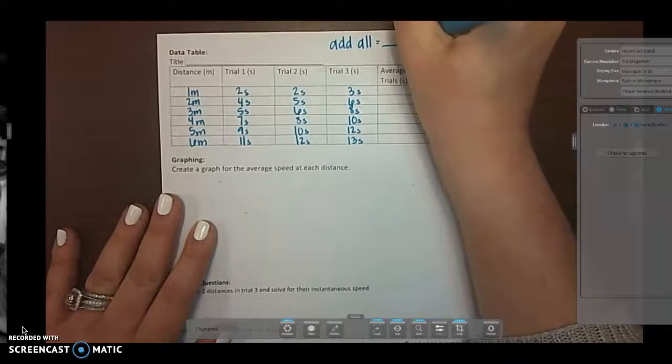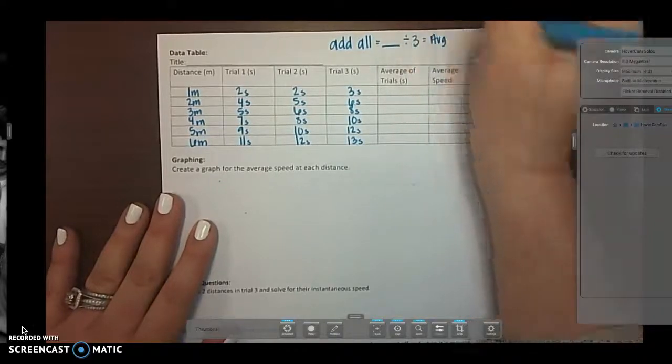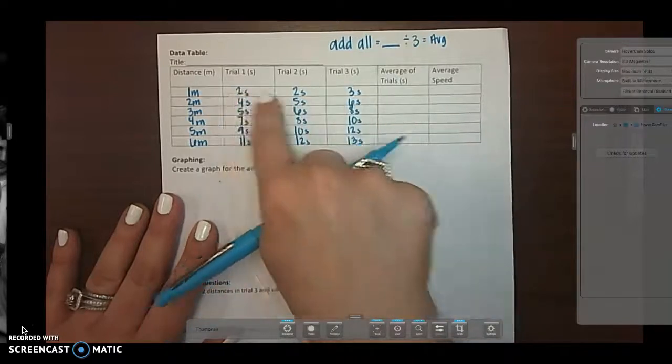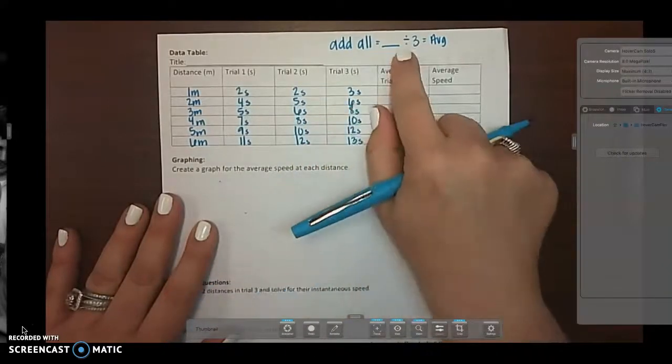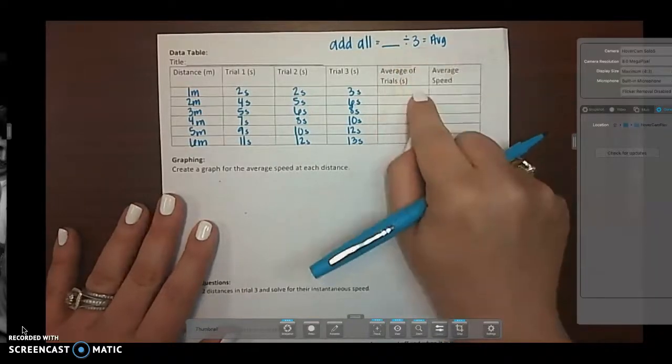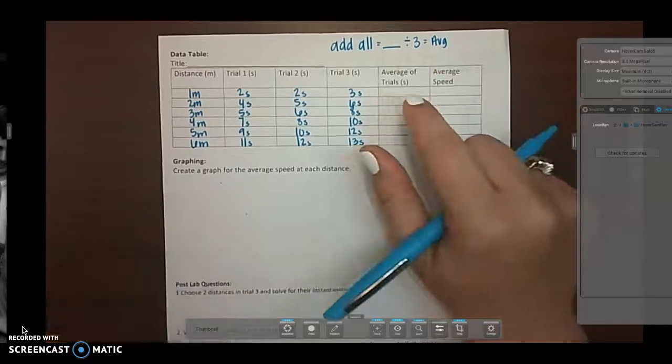So you're going to say 2 plus 2 plus 3, so that's 4, plus 3 is 7, divided by 3, and that gives you your average time for that trial.